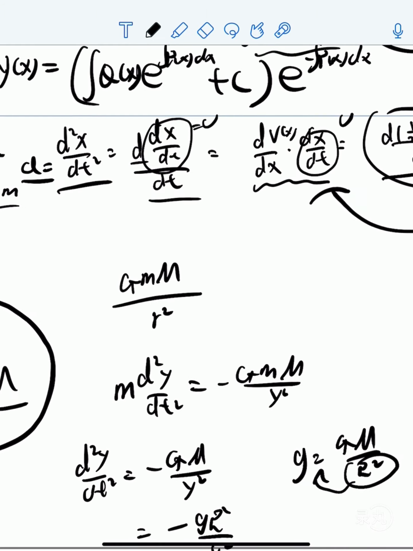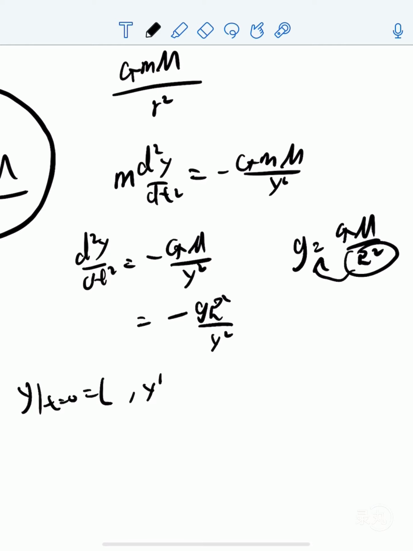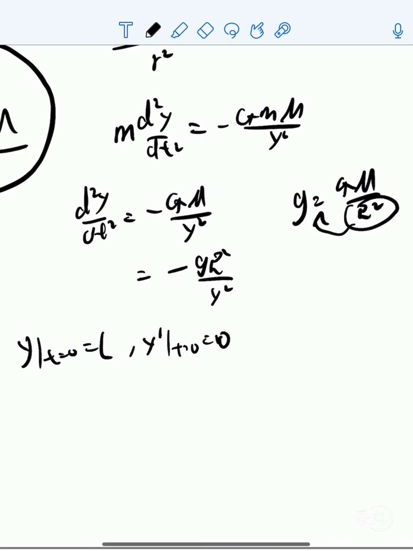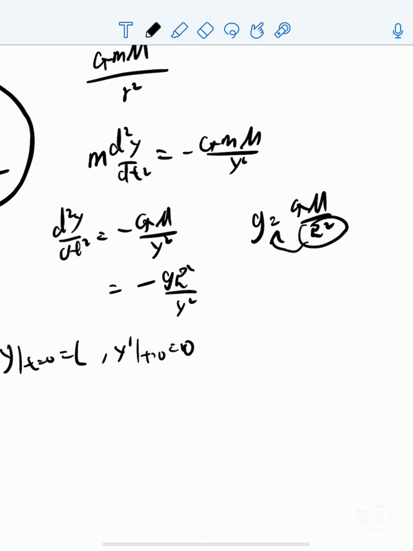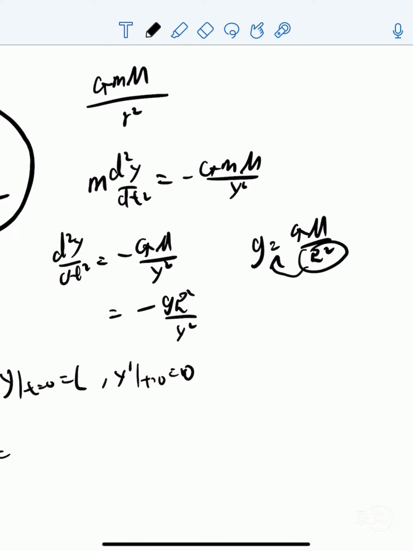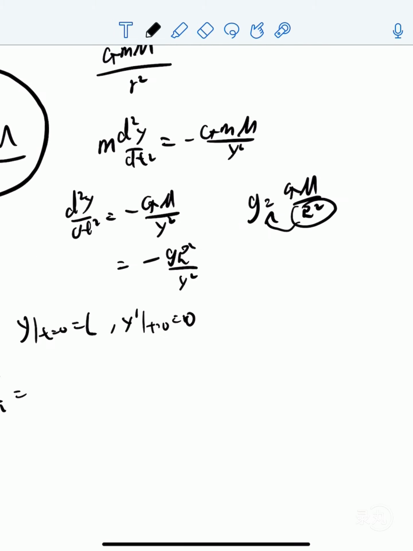And the initial condition is that at t equal to 0, the height is L, and the velocity is also going to be 0 because it's the initial condition. And we know that the second derivative of y is going to be equal to, like, the stuff I wrote on the top for this.